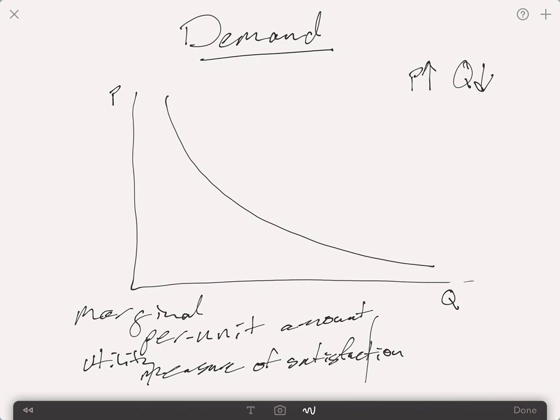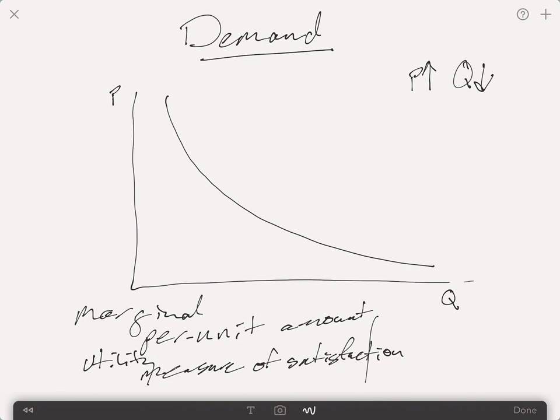So marginal utility is the amount of satisfaction that you get for one additional unit of consumption. So diminishing marginal utility says that as we consume more of something, for each additional item that we consume, we get less satisfaction out of it.